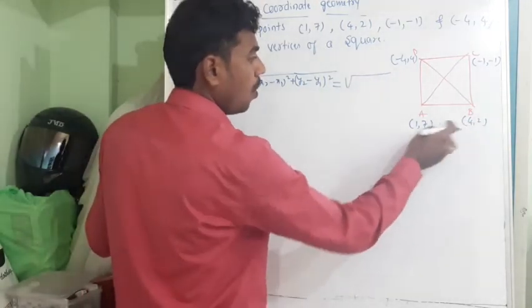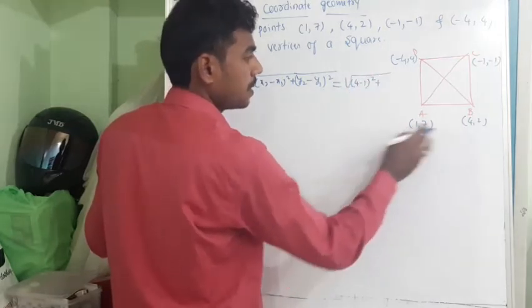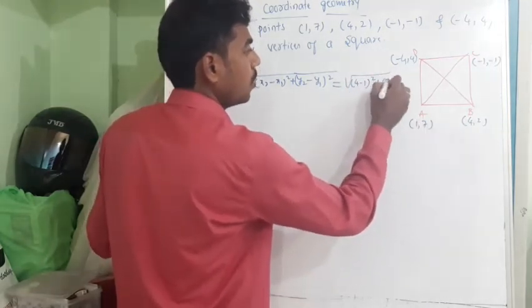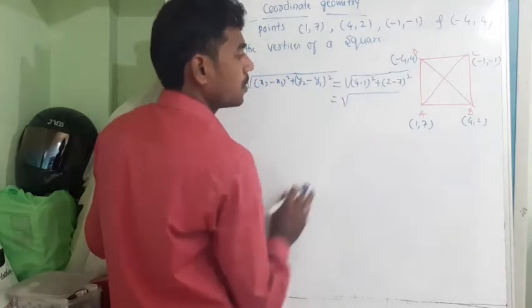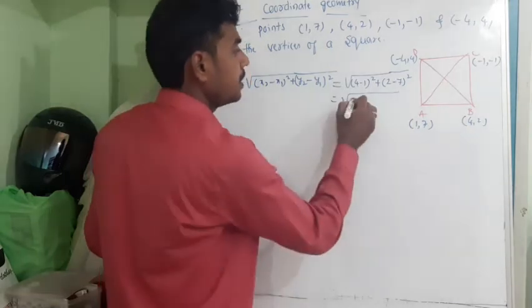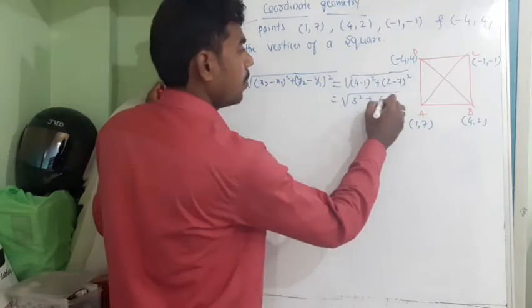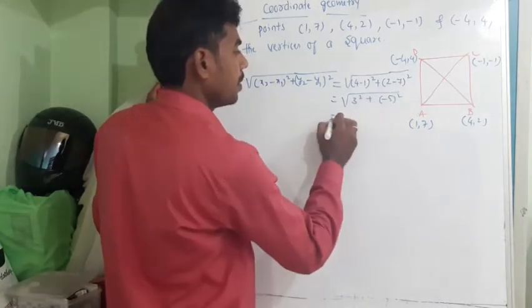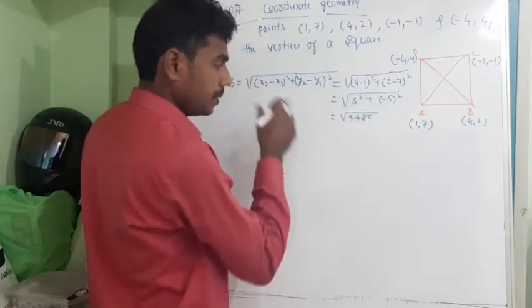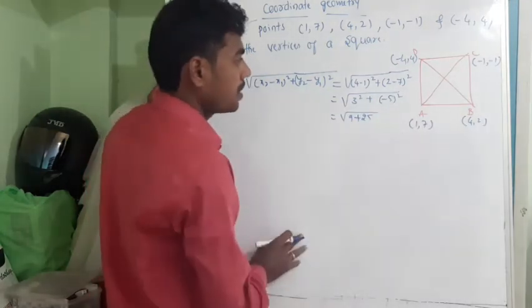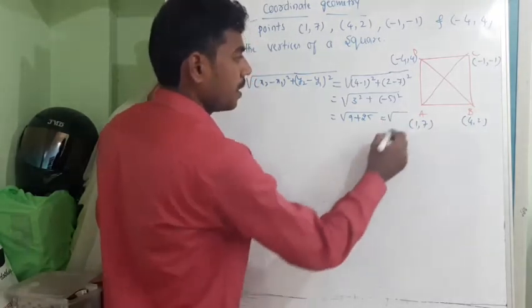So (4 minus 1) whole square plus (2 minus 7) whole square. 4 minus 1 is 3 squared, plus 2 minus 7 is minus 5 squared. So 9 plus 25, which is root of 34.